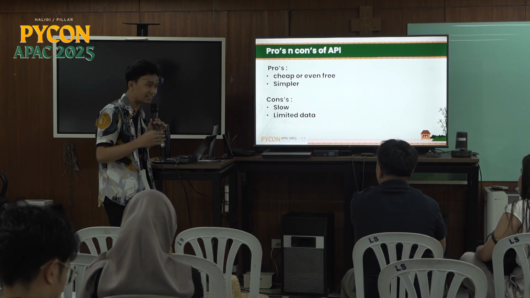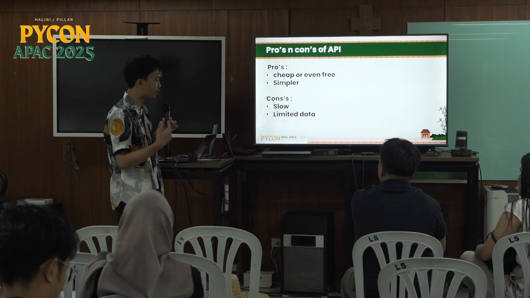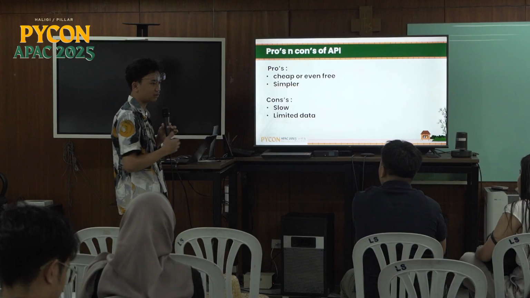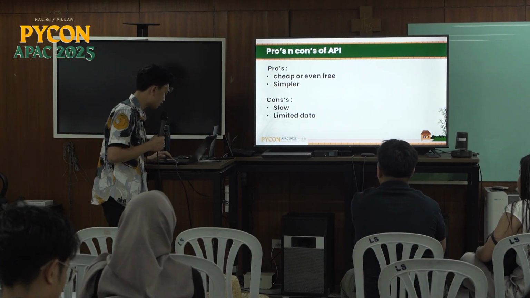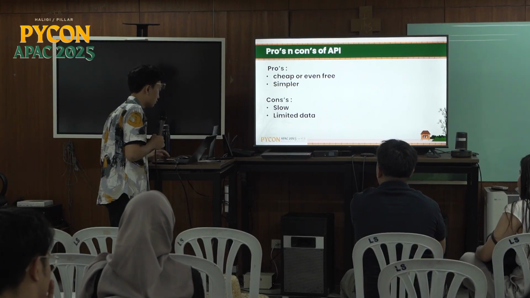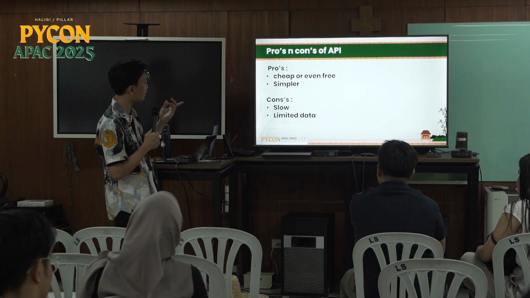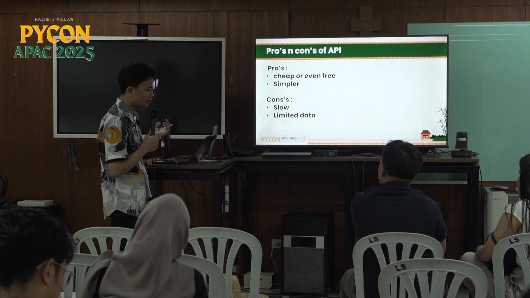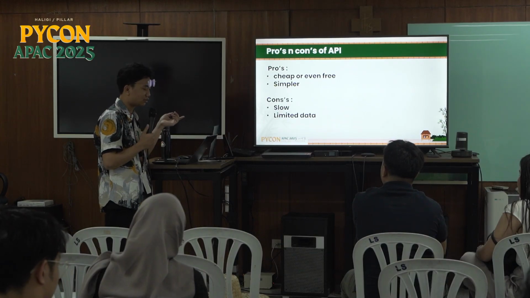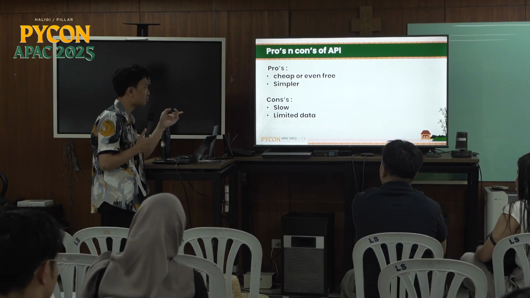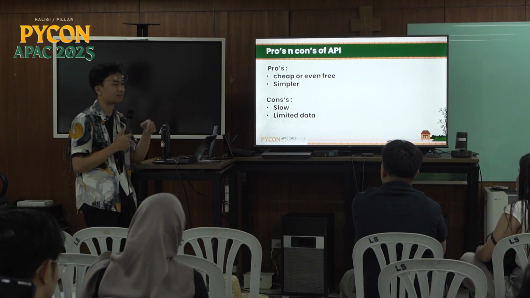If you have an SDR that picks up the ADS-B signal, you can contribute to the network. So it's very limited data. The coverage is not 100% global, and it even has API rate limits, so it's very slow. I don't recommend using it for this project.